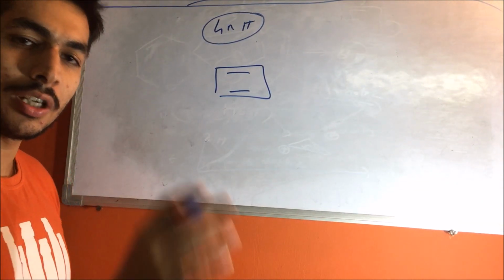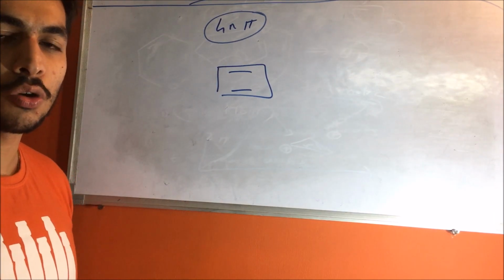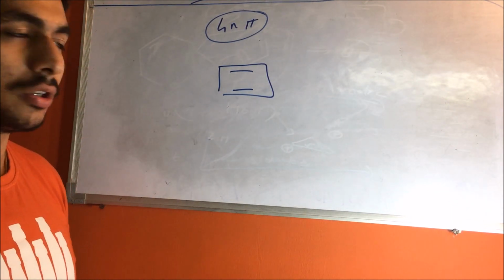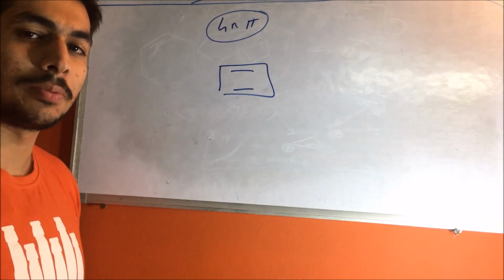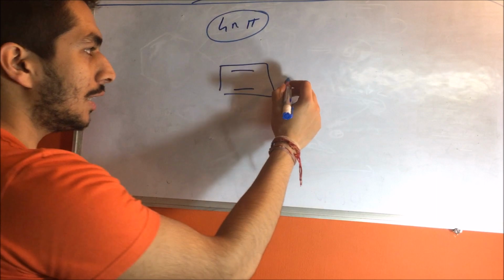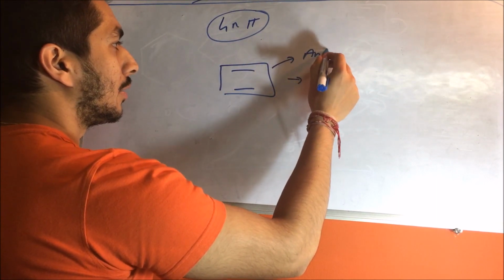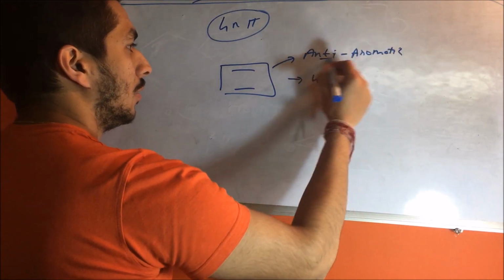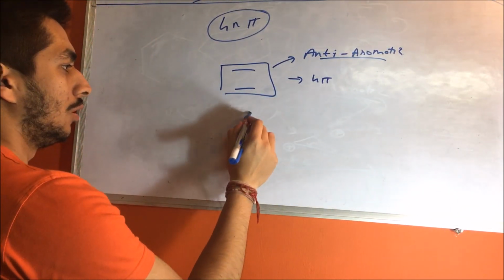There are certain exceptions which I'm going to discuss, but that is a very general thing. So this has a 4 pi electron system. That is why this compound over here is anti-aromatic.